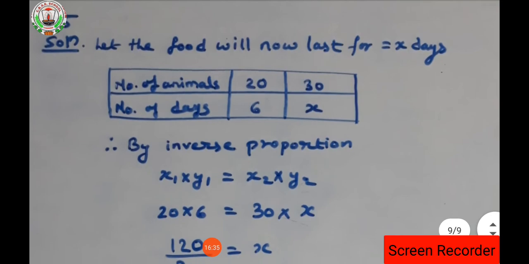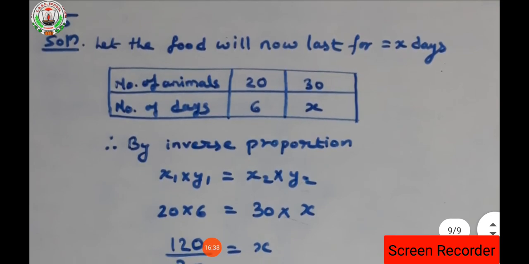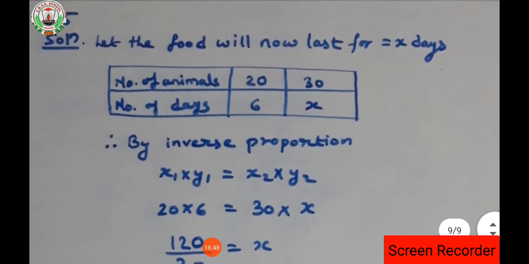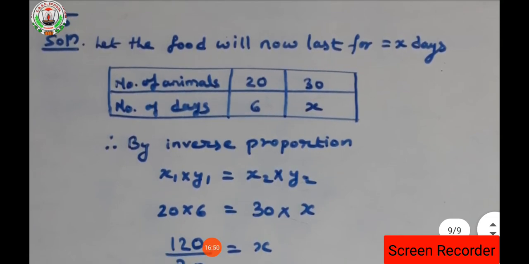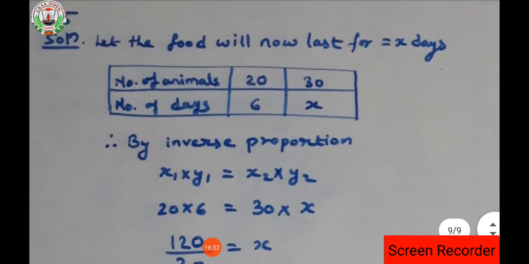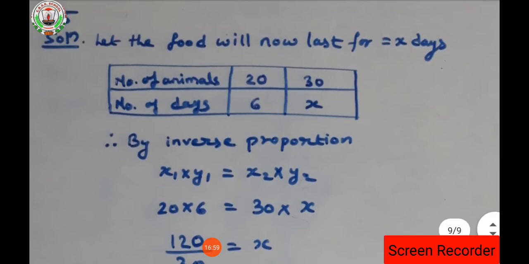Now for question number 5, the question says: a farmer has enough food to feed 20 animals in his cattle for 6 days. How long would the food last if there were 10 more animals in his cattle? Okay, so let the food now last for x days.